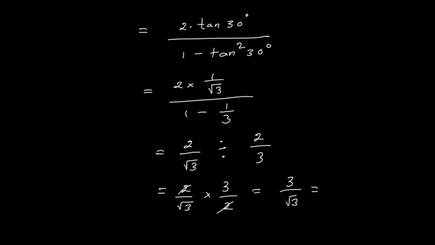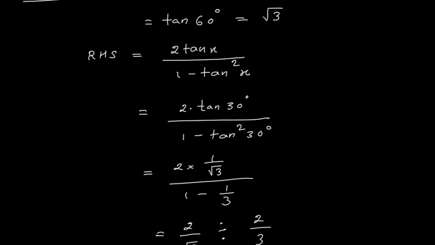Let me show you the complete step. 3 divided by root 3 is there. You multiply and divide by root 3. So your numerator will become 3 root 3 and your denominator will become 3. This 3 and this 3 will cancel and finally you will get root 3.